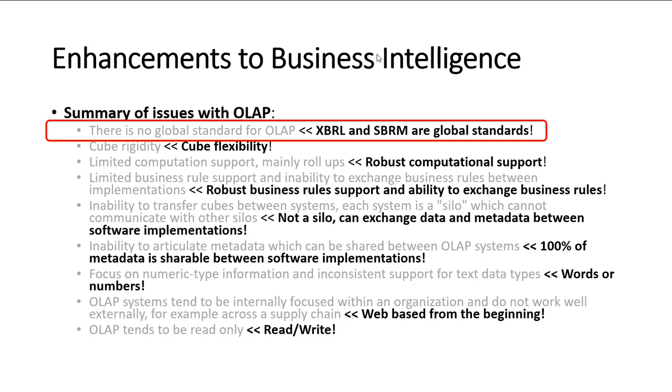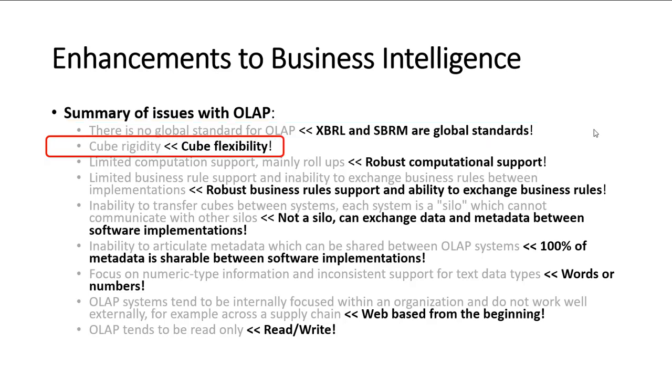business intelligence. So there is no global standard OLAP. Each of these systems, these BI systems work differently. They're all proprietary, whereas XBRL and SBRM are global standards. So generally, business professionals cannot change cubes. It takes an IT person to change a cube.